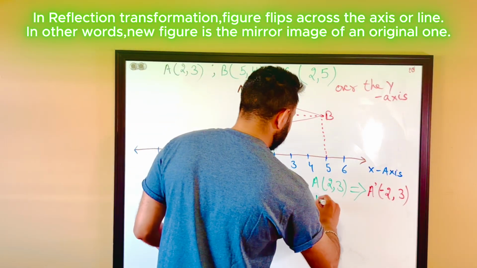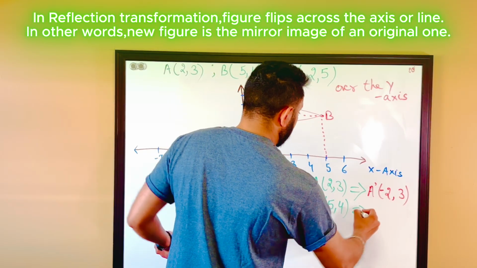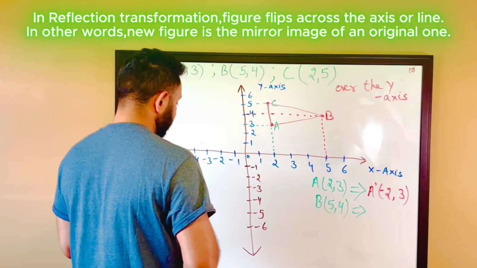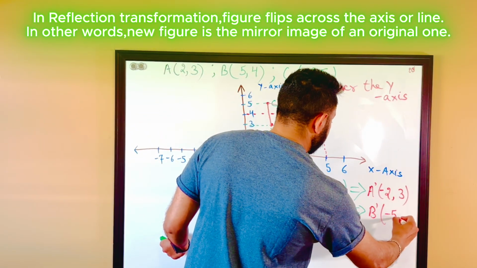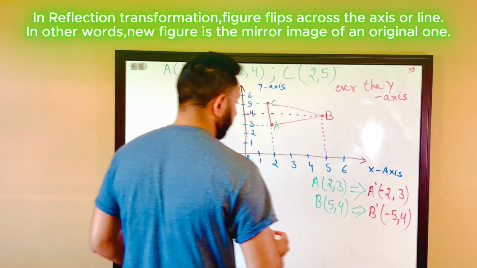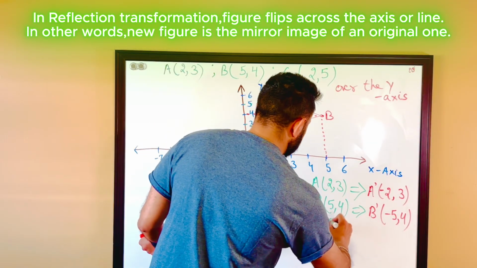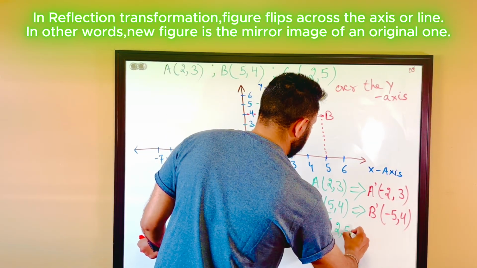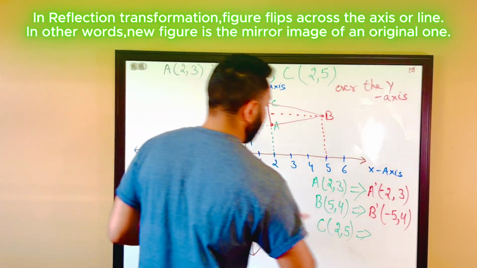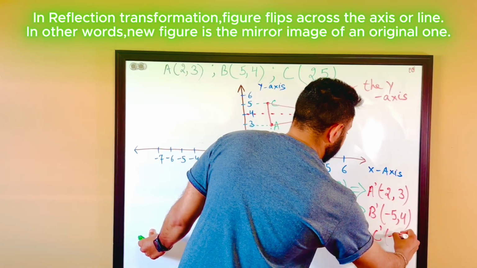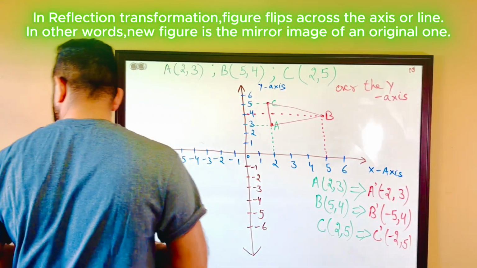Same goes with B and C. What is B? 5, 4. So our new coordinate will be -5 and 4. And same goes with C, which is 2, 5. So the new C coordinate will be -2 and 5.